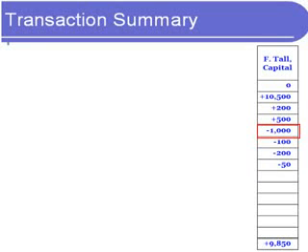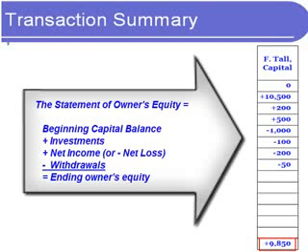That resulted in an ending owner equity balance of $9,850. Our statement of owner's equity merely summarizes everything that happened during the accounting period to produce the ending balance in owner equity. That's going to be revenues minus expenses plus investments minus withdrawals.